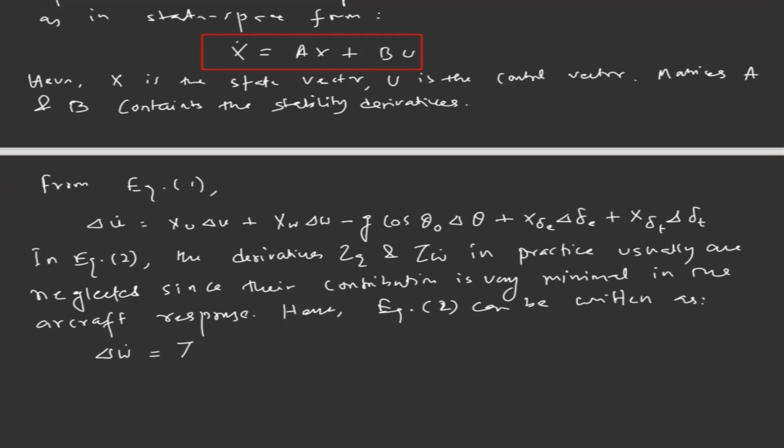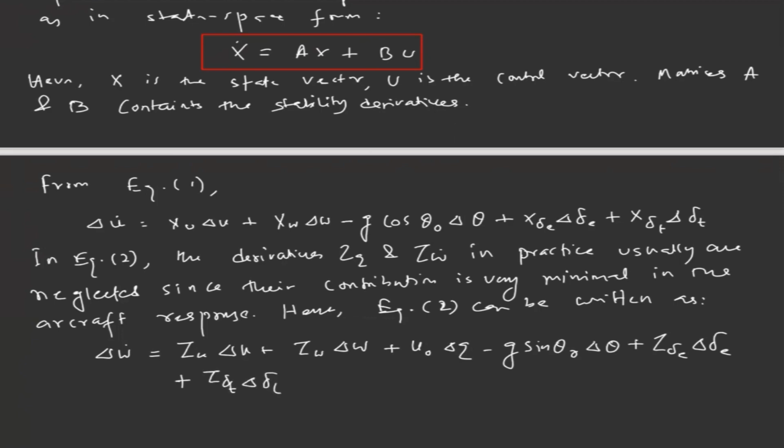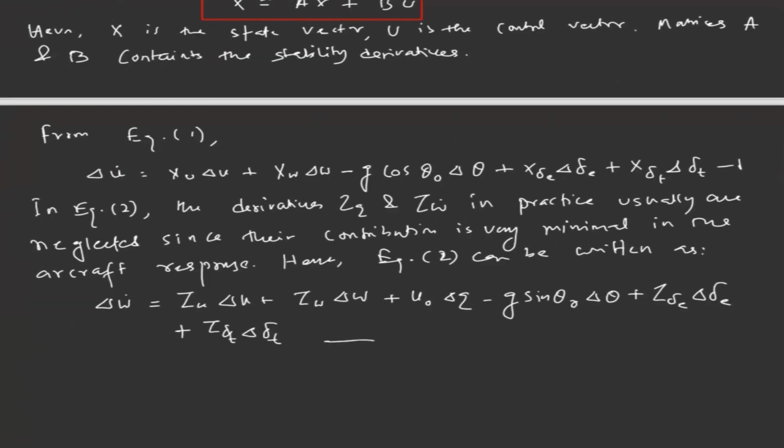We can write ZU capital delta U plus ZW delta W plus U naught delta Q minus G sin theta naught delta theta plus Z delta E plus Z delta T capital delta T. And let us define this as equation number 8, and this is equation number 9.